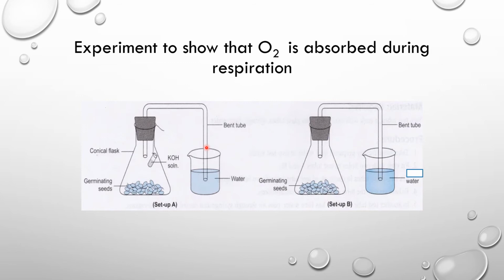So as you do the activity, you will observe that the water level of this U-tube rises up. This rising of the water level occurs due to loss of gases, or due to a gap created in this conical flask. That gap is created as the oxygen is removed from the conical flask for respiration by these germinating seeds.